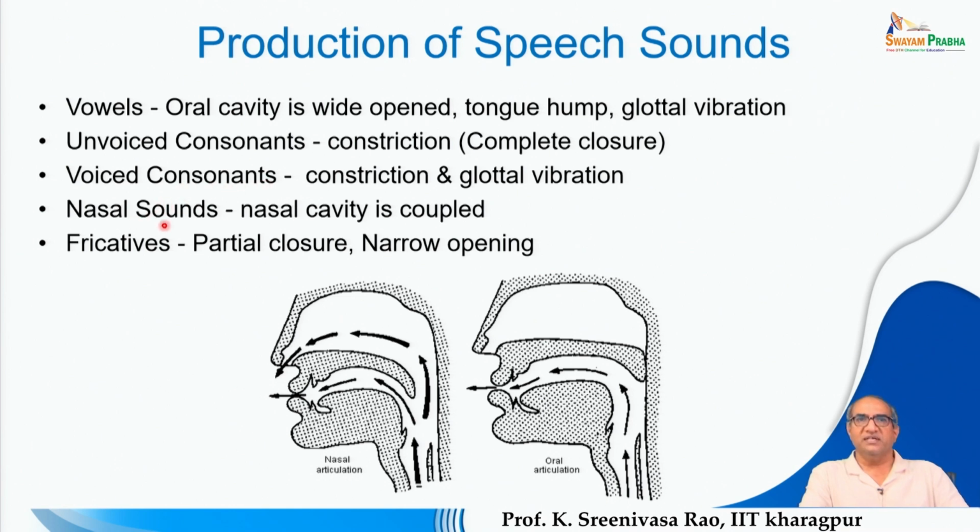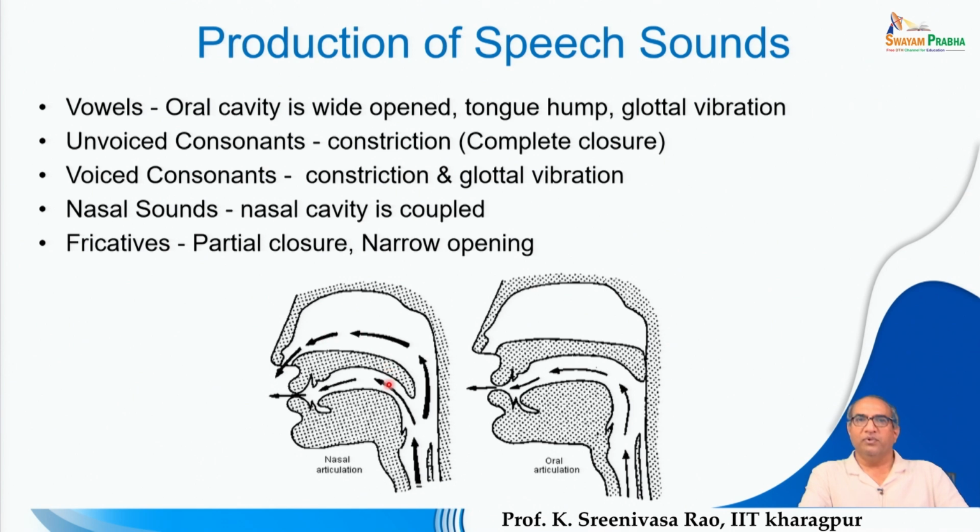Then coming to the nasal sounds, they are produced due to the vocal folds vibration. But these are nasal sounds because the pulses, the excitation signal generated by the vocal folds, are coupled to the nasal cavity.